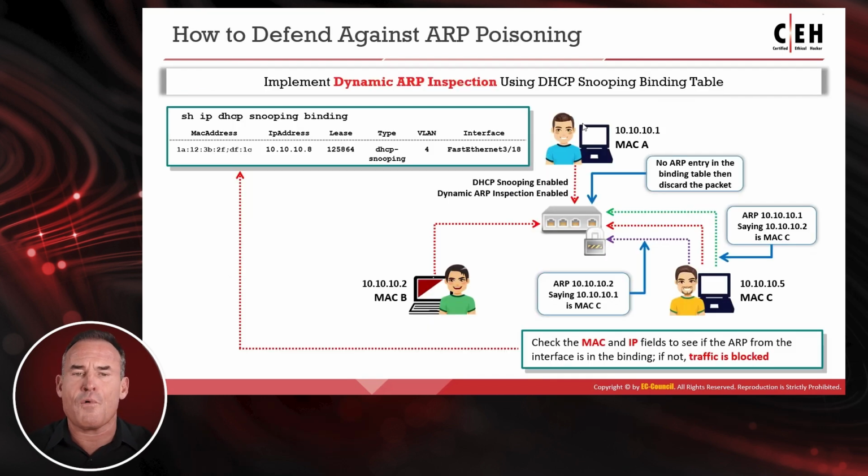How to defend against ARP poisoning? You can actually implement dynamic ARP inspection using the DHCP snooping binding table at the switch level. So a lot of the countermeasures you can implement from an administrative configuration perspective, but sometimes that becomes a hassle and a pain because when something changes, you've got to go back in and reconfigure. Ask your average network administrator, they're going to go back in and statically configure anything a few times.